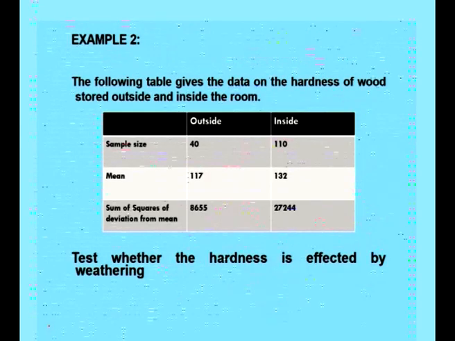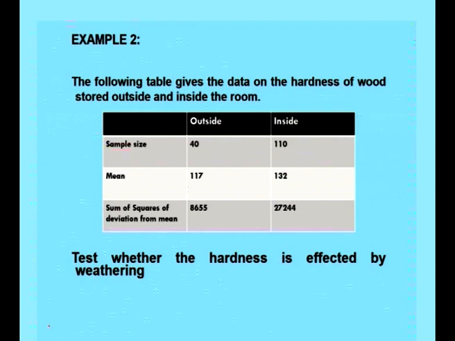Now, this example is to be done using the difference of means. The following table gives the data on the hardness of wood stored outside and inside the room. The wood has been taken as the sample.